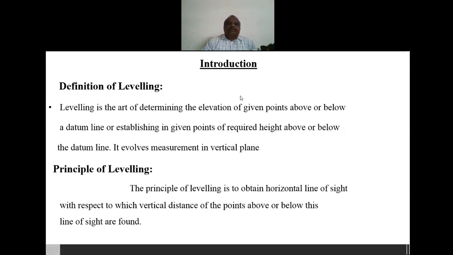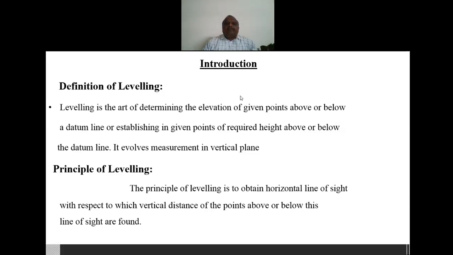Once again, the definition of leveling: leveling is the art of determining the elevation of points above or below a datum line, or establishing given points at a required height above or below the datum line.